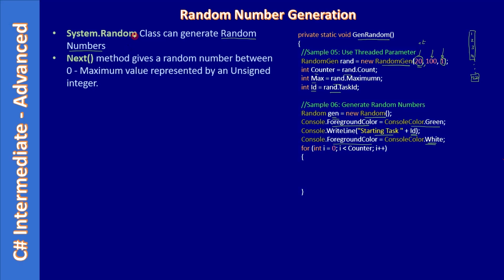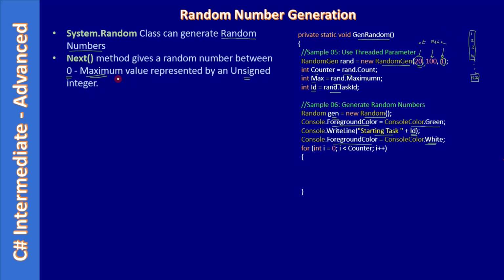Next method of the Random, here we are creating a Random class, right? Next method gives a random number between 0 and maximum value represented by an unsigned integer. So here the second parameter what we are sending is the max.